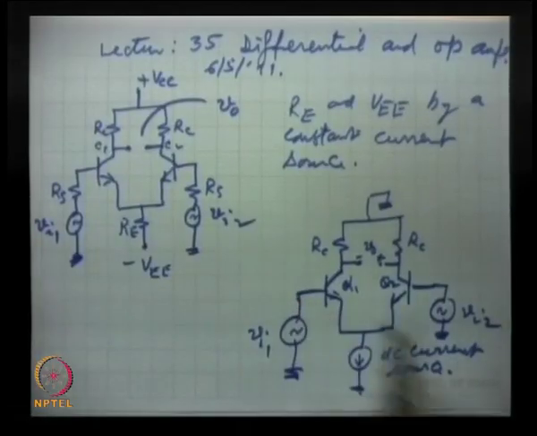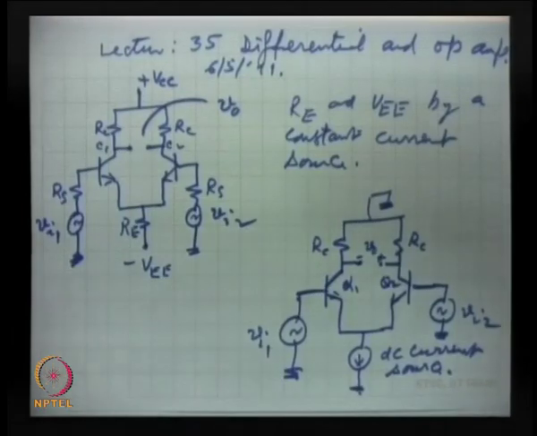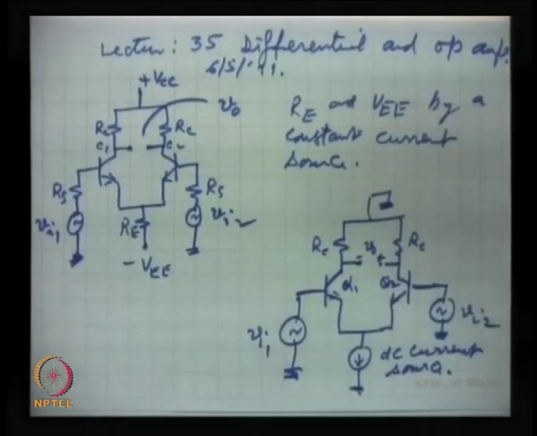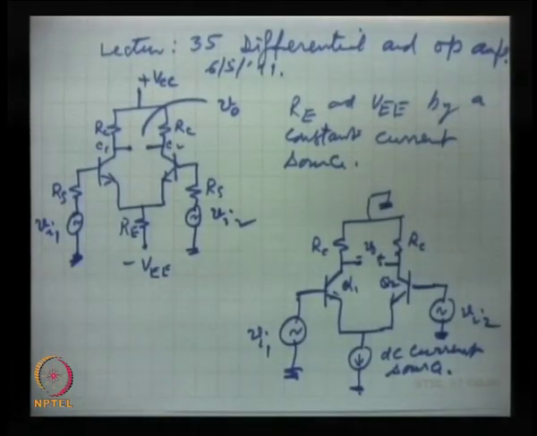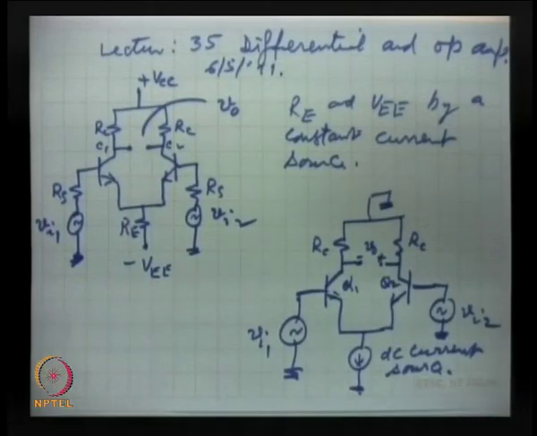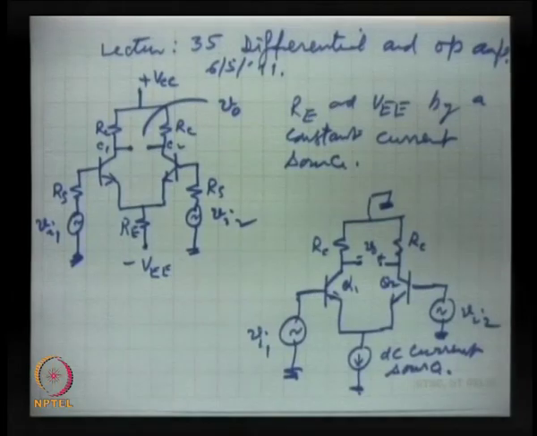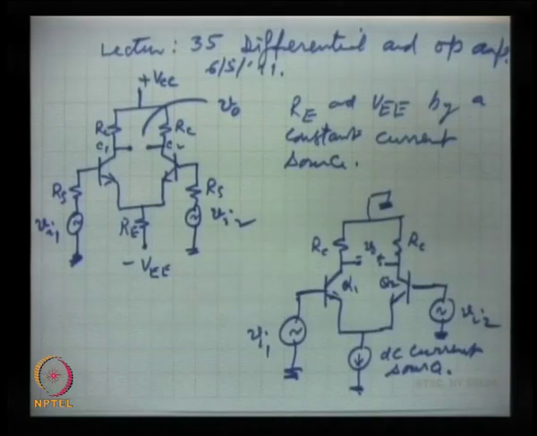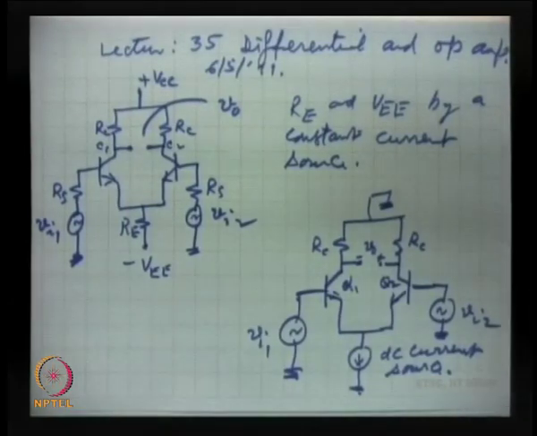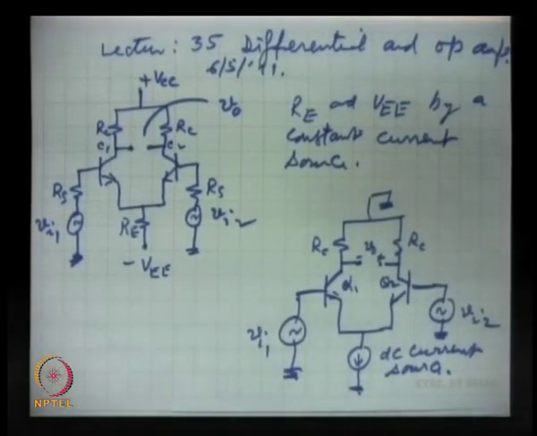One will be a non-inverting input, the other will be an inverting input, and they are always called like that, because I have said earlier that the differential amplifier is the first stage in the multi-stage amplifier called operational amplifier, which we are going to study just after finishing the differential amplifier. And so, this is very essential to know what is the meaning of inverting input and non-inverting input.